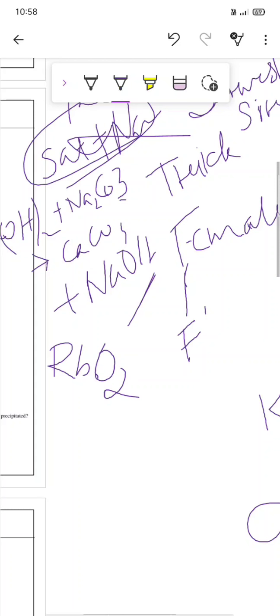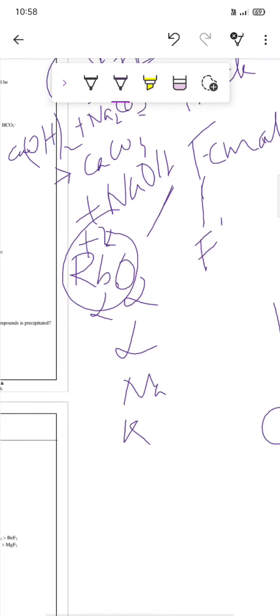RbO2, here plus 2? Oh, this is not plus 2.